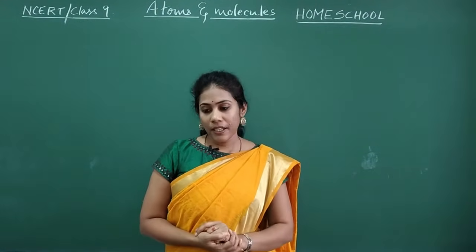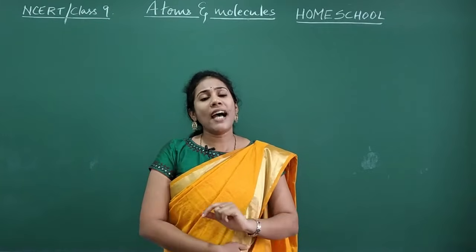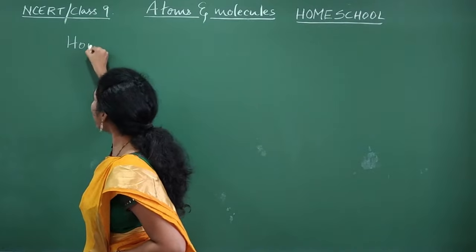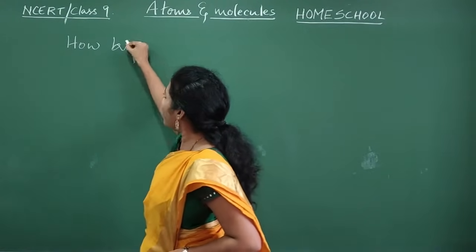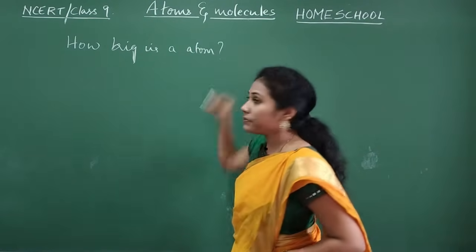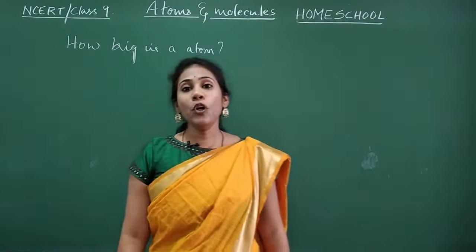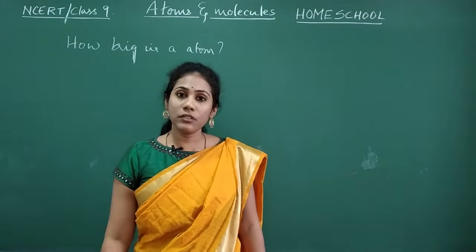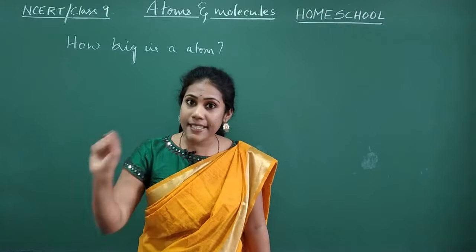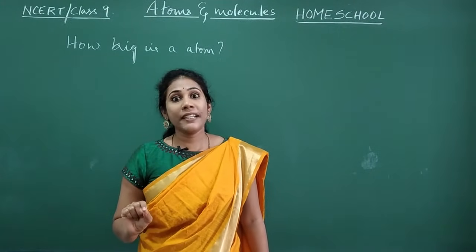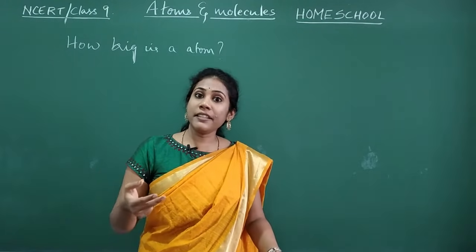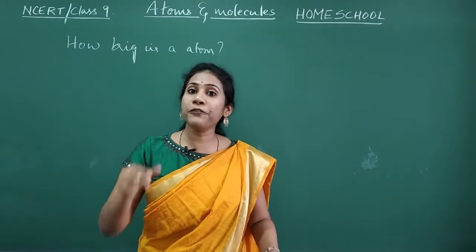Can you give the answer to the question: how big is the atom? How big is an atom? I already told you in the previous video that one single atom does not exist in nature. Atom is not present singly. It is always present in groups, in combined form.